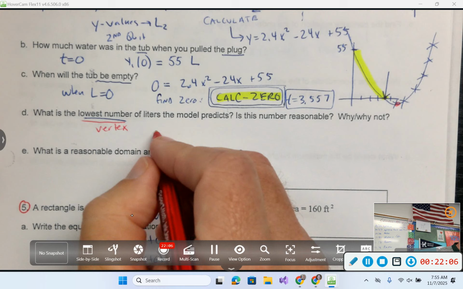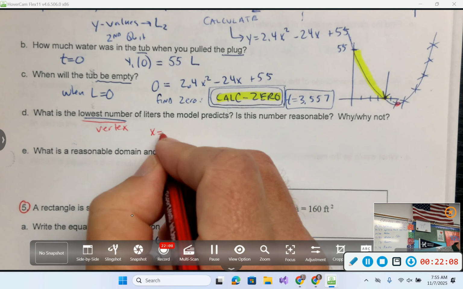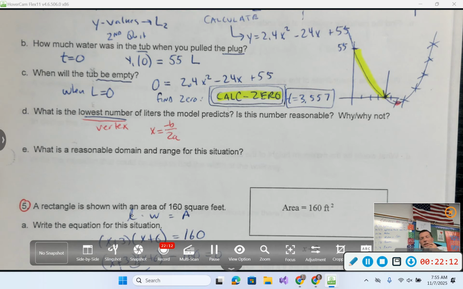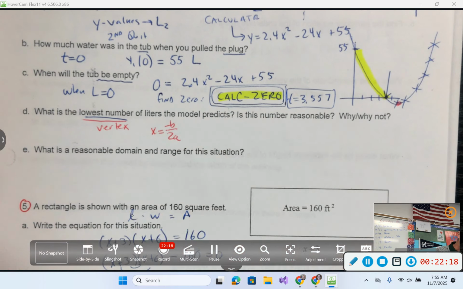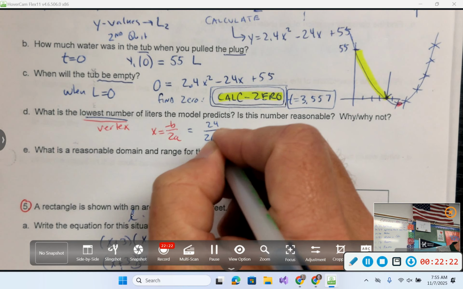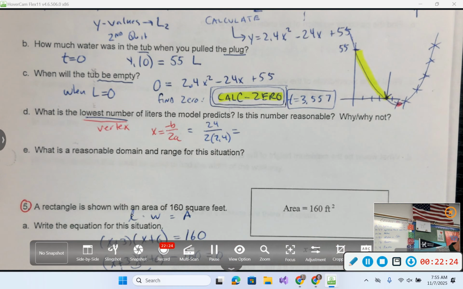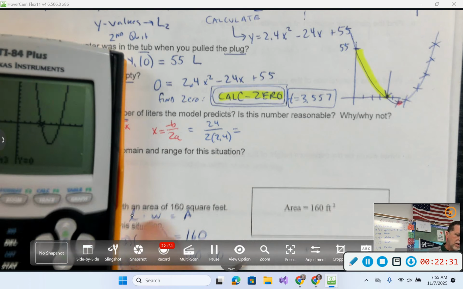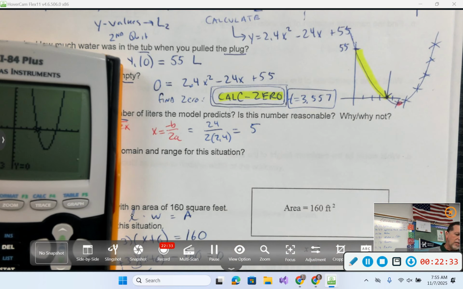The negative b over 2a is one of the answers. That would be the x-coordinate of the vertex. So 24 over 2 times 2.4. I think that's going to work out to be a nice answer. That's going to be 5.